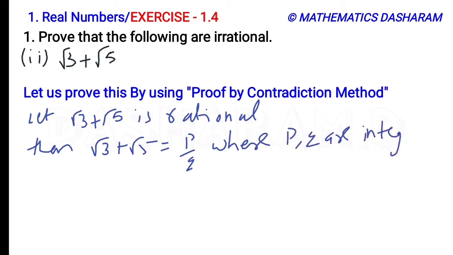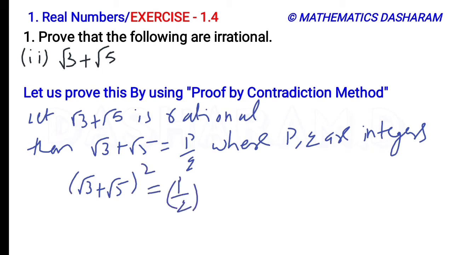Here we have two irrational numbers, root 3 and root 5, so do square on both sides. Root 3 plus root 5 whole square equals p by q whole square.